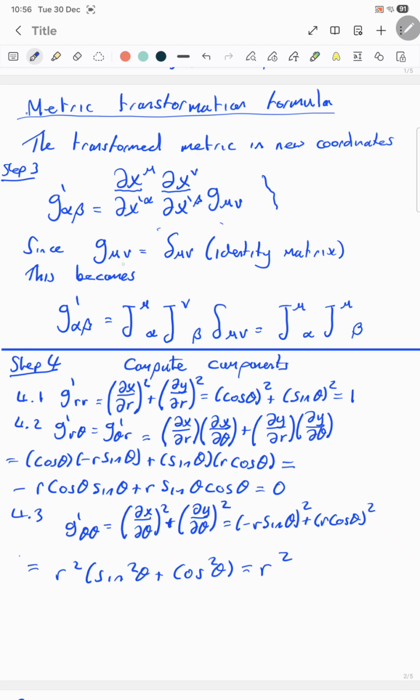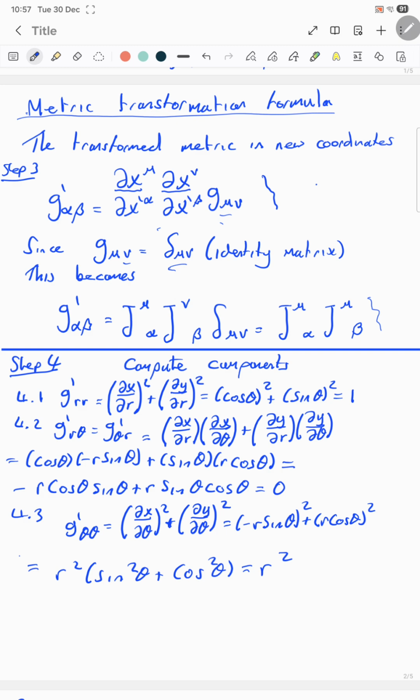Now since g_mu nu is the Kronecker delta, which is the identity matrix, this gives the form here, where these are the Jacobians, and our metric is the Kronecker delta: if mu equals nu, then it's 1. If mu does not equal nu, then it is 0, and that's what the Kronecker delta is.